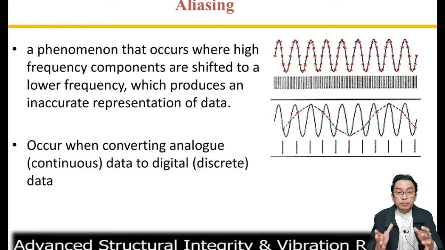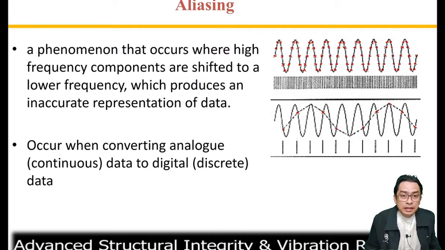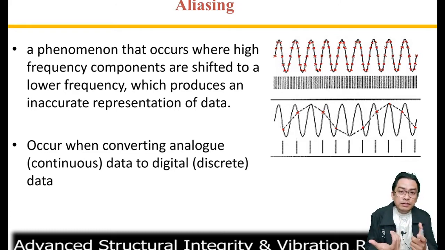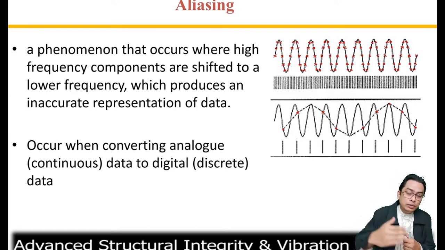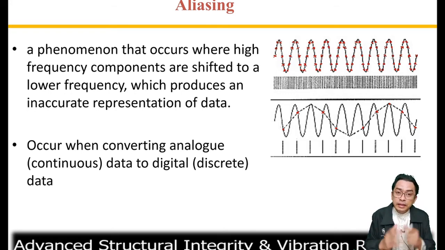Alright, now we come to the problem that I mentioned earlier, the aliasing. If we are not giving appropriate sampling to the signal, it will give this problem. So what is aliasing? Aliasing is the phenomenon where a higher frequency signal comes into our DAQ, but the DAQ has a limitation in sampling frequency, so we set it far lower than the frequency of the signal that comes in.